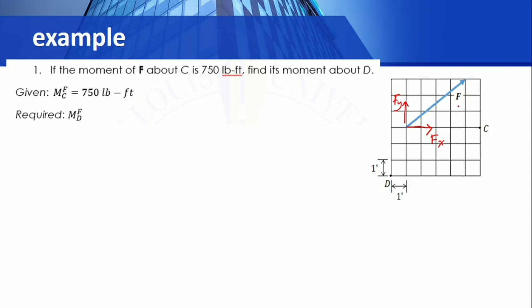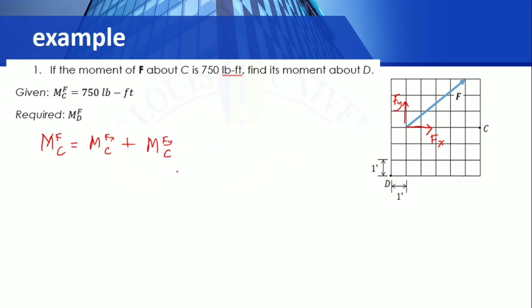Okay? So sabi natin sa principle ng Varignon's theorem is yung moment ng force about C is equal siya dun sa summation moment nung kanyang components. So yung kanyang components, that will be moment ng f of x about C plus moment ng f of y about C. Okay?